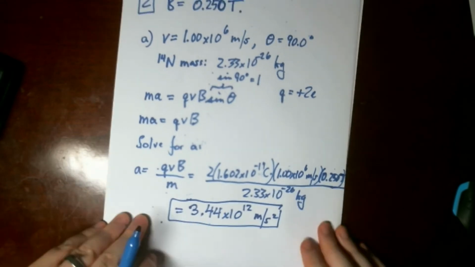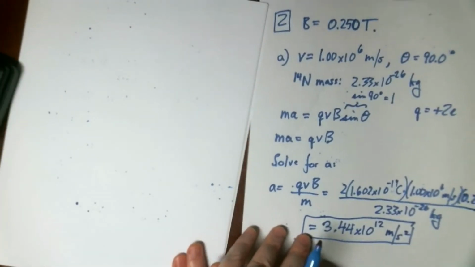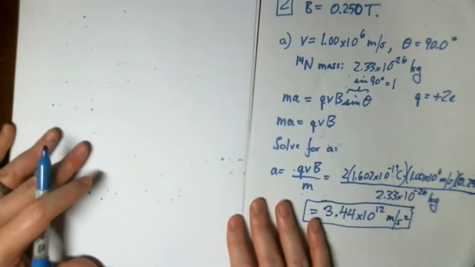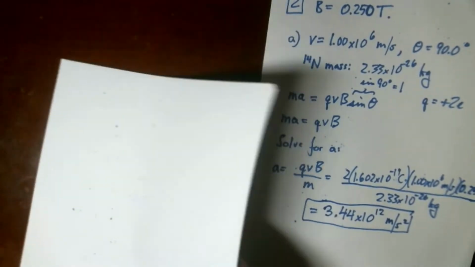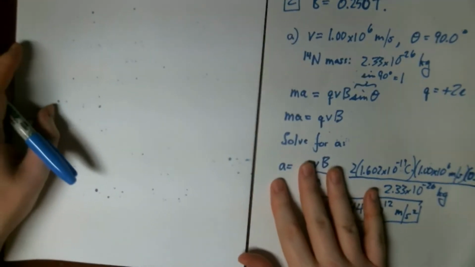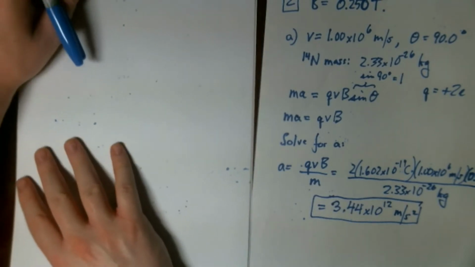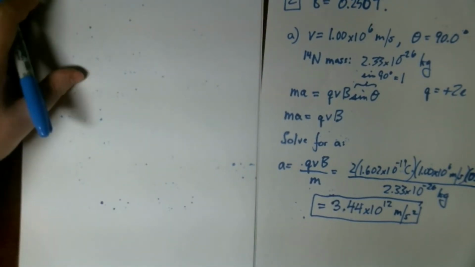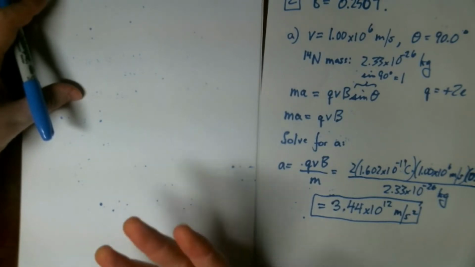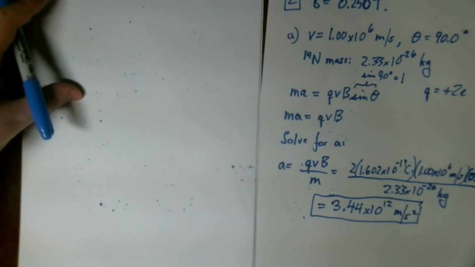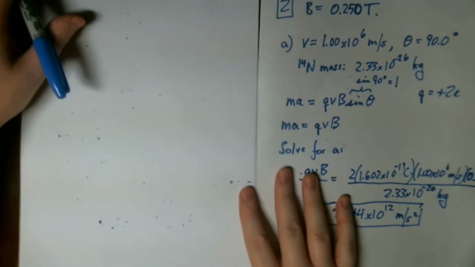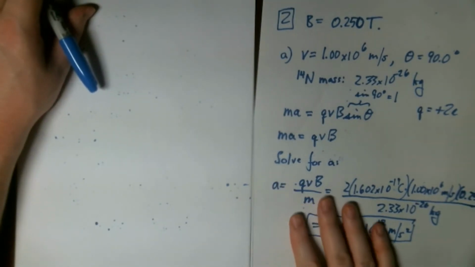Part B, we want to find the radius of the atom's circular path. Or I'm sorry, the atom's circular path. Atomic path doesn't make any sense. How do we find that? Well, now we need to realize that in a constant uniform magnetic field, the trajectory that a charged particle will follow is a circle. And because it's moving in a circle, it's going to experience a centripetal force.